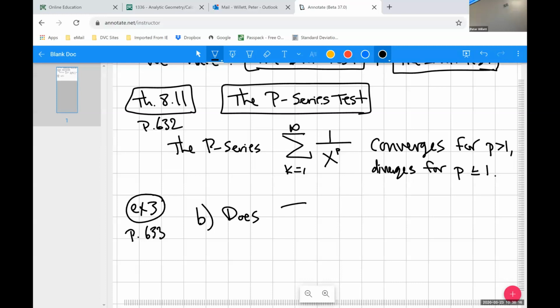And we have the series one over the 4th root of k to the 3rd power. Does this converge or diverge?